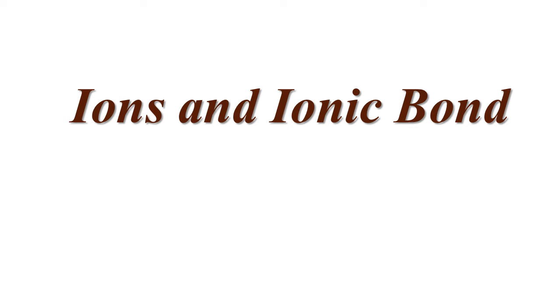After we are done with covalent and metallic compounds, let's look at ionic bonds and ions. Again, this is a new chapter in your textbook, and please read it carefully.